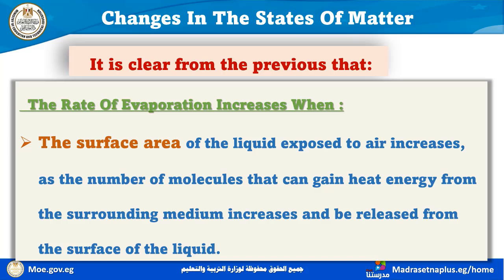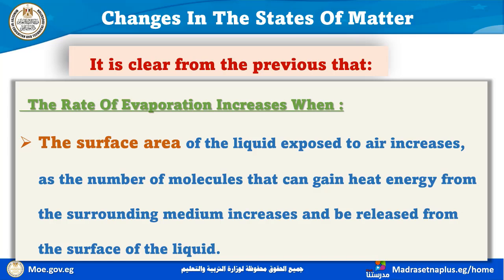And this is what will happen when you put, for example, some water in a plate and some water in a bottle, and keep both of them exposed to the air. The bottle, of course, is open.